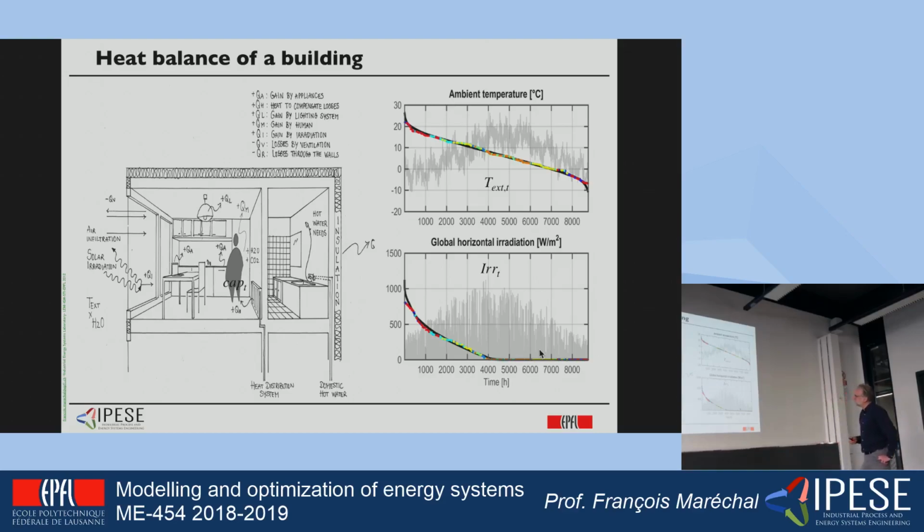We have also the same kind of duration curve. So how many days or how many hours do we have more than, for example, here 800 watt per square meter of irradiation? Officially this curve has to be available for a given building.